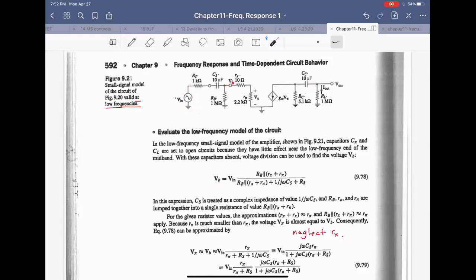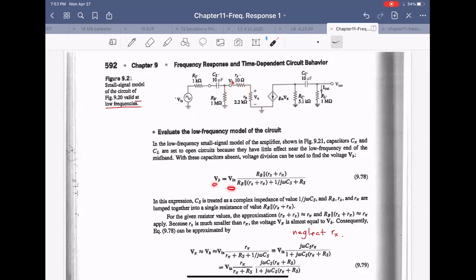V in is applied across RS and the CS, and then this RB and r pi in parallel like this. But VB is just across r pi, and RB and r pi are in parallel like that. So again, V in is applied from here to ground. VB is from here to ground. Here means this one and this in parallel.